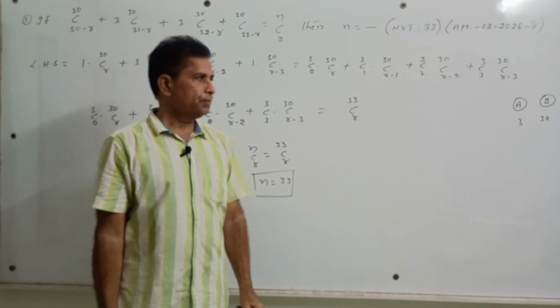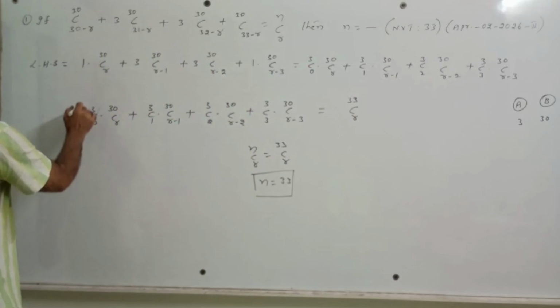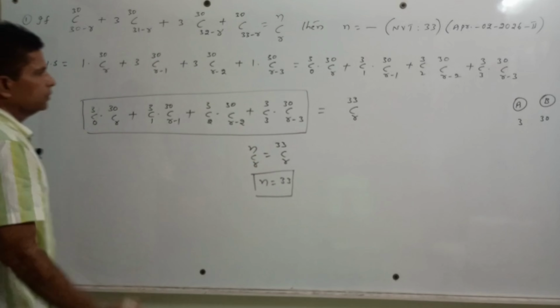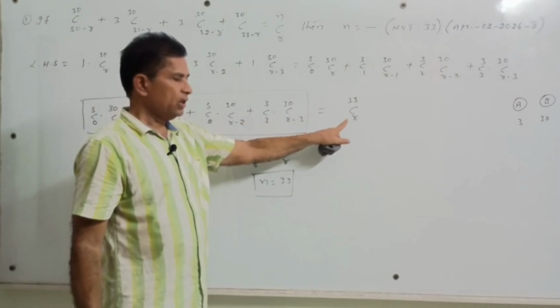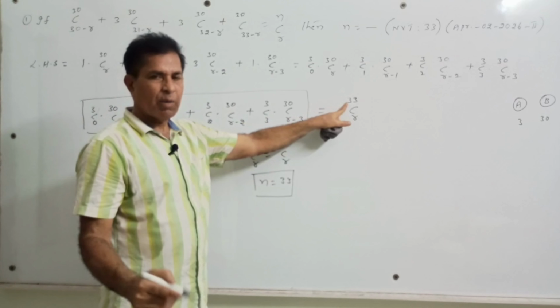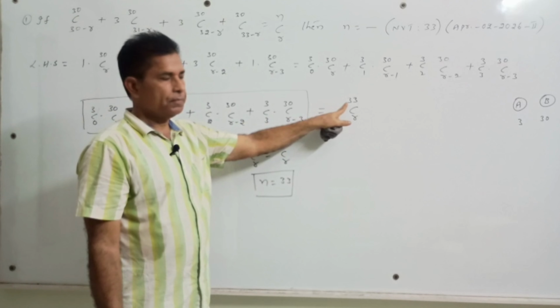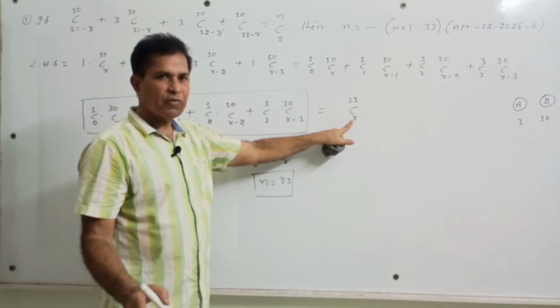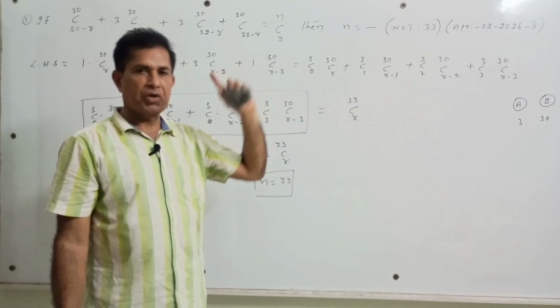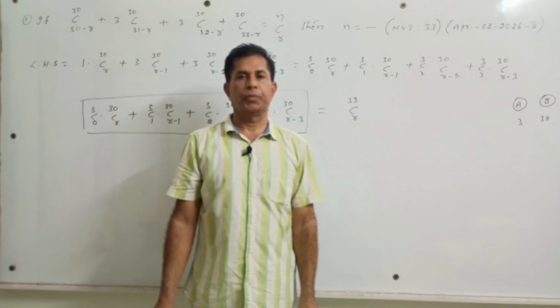Further, you see, the sum of this series, I told, is 33Cr. That 33 is the sum of the upper indices in any term, and r is the sum of the lower indices in any term. Therefore, I can generalize that property.